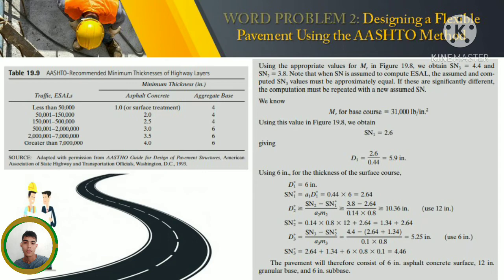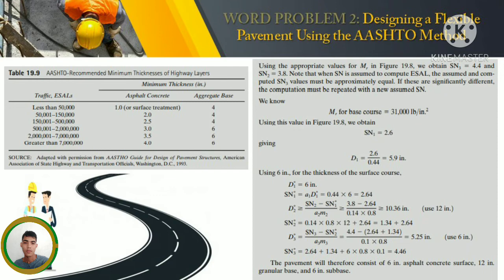For D sub 2, it is greater than or equal to SN sub 2 minus SN sub 1 all over a sub 2 m sub 2. So 3.8 minus 2.64 all over 0.14 times 0.8. So D sub 2 is greater than or equal to 10.36 inches.